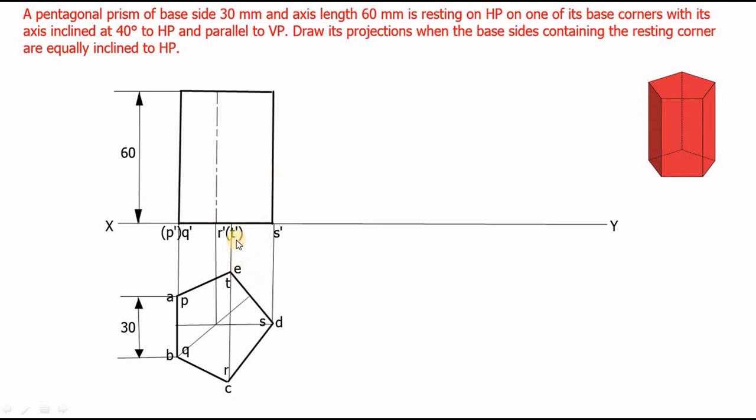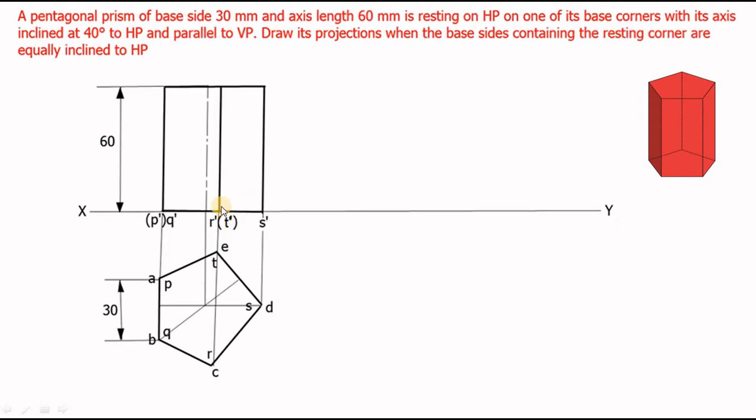Apart from this, there is one more longer edge, that is RC, which should be the longer edge. That should also be drawn using a 2H pencil. Clear? So that's all. This is the front view and this is the top view of the simple projection when the pentagonal prism is resting on HP on one of its base corners.